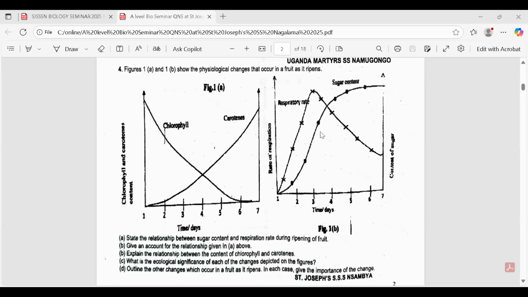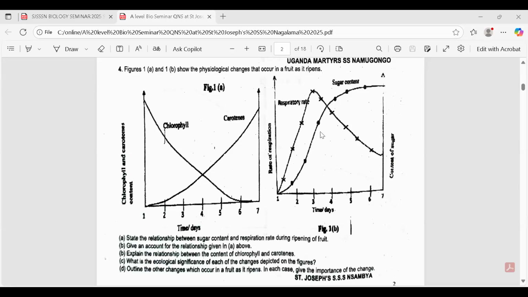For example, in this seminar, they used that. They said from 1 to 3, as the respiratory rate increases rapidly to attain a peak, comma, the sugar content increases rapidly. But we can't say that it is increasing rapidly to attain a peak. Why? Because this one attained a peak when this one was still increasing. So you can't say that this one increased to attain a maximum.